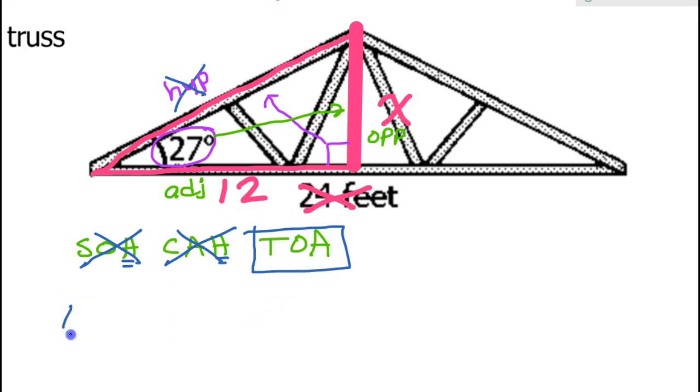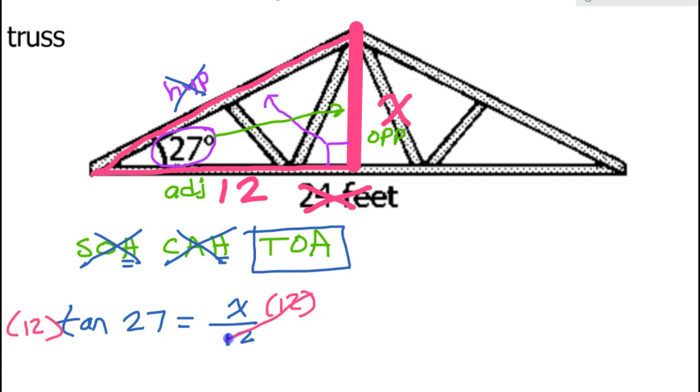So let's go. We will say tangent of the angle that we circled, which is 27, is equal to opposite over adjacent. So that's x over 12. When the variable is on top, that is when you multiply by the denominator. So we will multiply both sides by 12, and that will give us the answer.